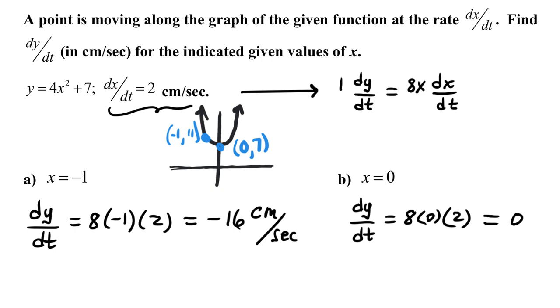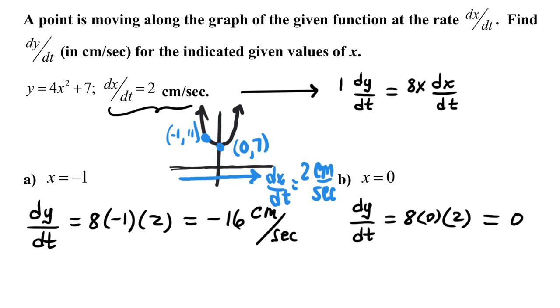Now, the x direction is 2 centimeters per second, and that is your points along the graph moving in the x direction at 2 centimeters per second.